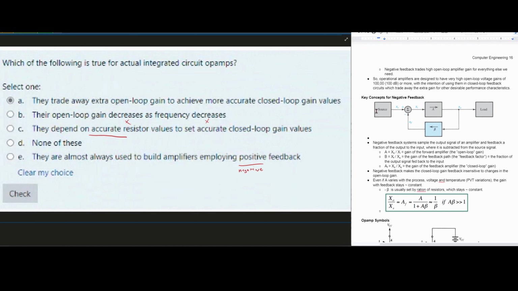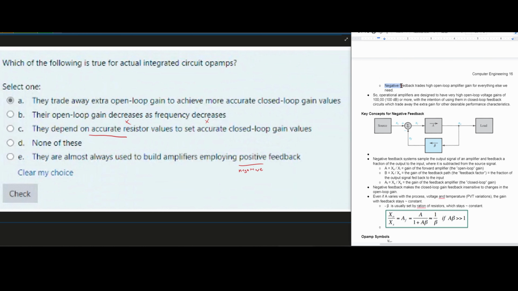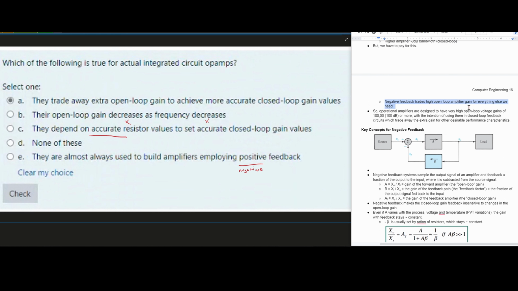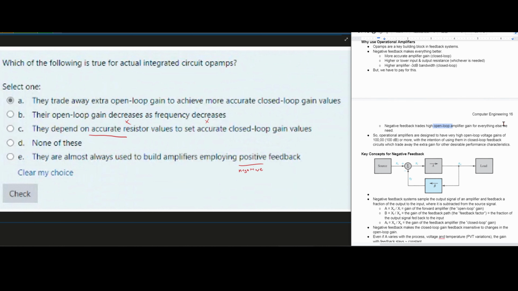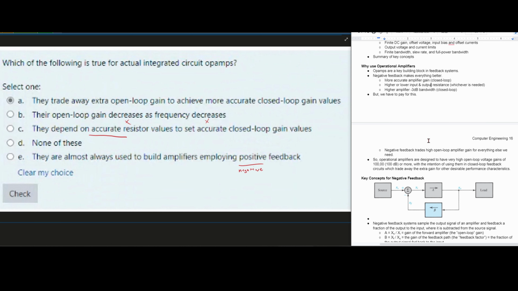We trade this open loop gain, and then we go back here with a closed loop to get more accurate values. It even says right here, negative feedback trades high open loop amplifier gain, and the open loop part is the important part for everything else that we need. And what we need is more accurate amplifier gain for our closed loop. So it really says this in the notes, which are in the description.